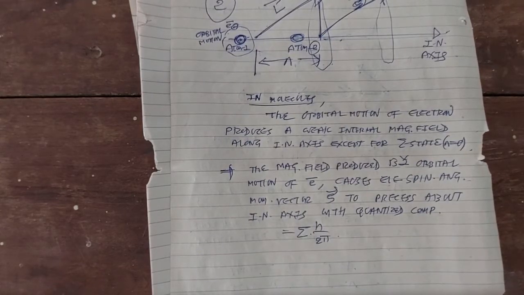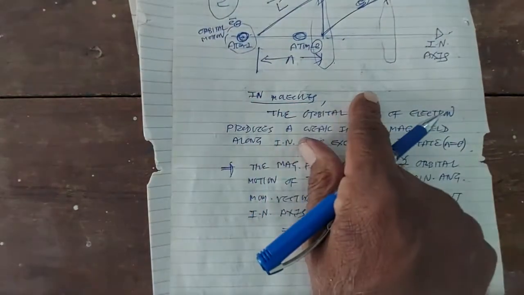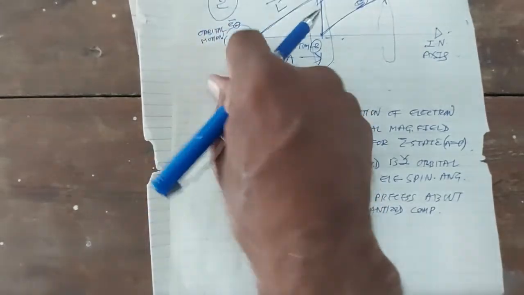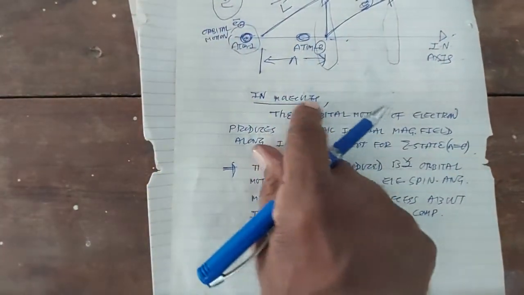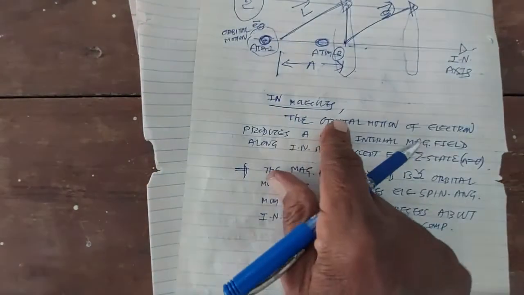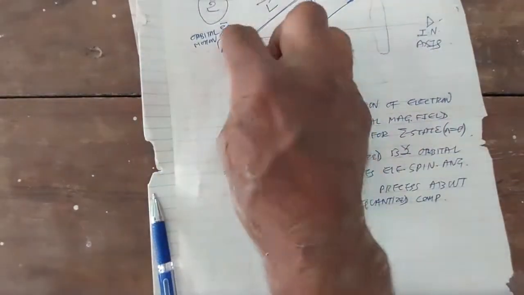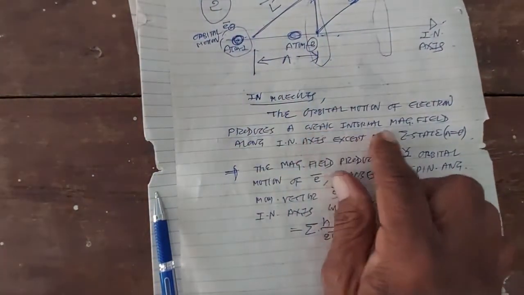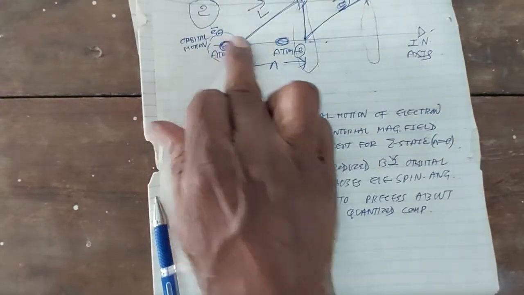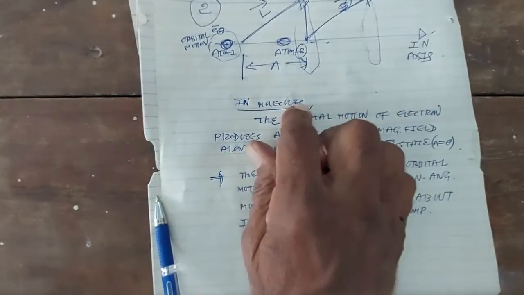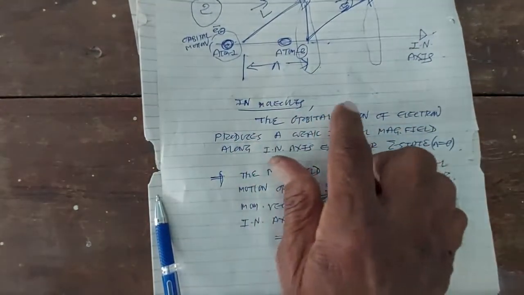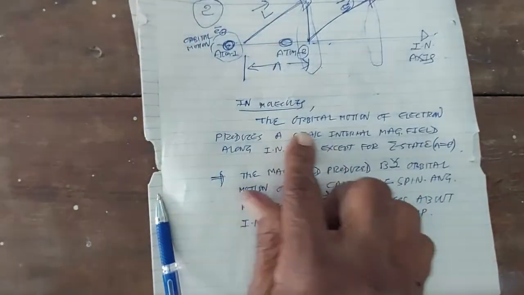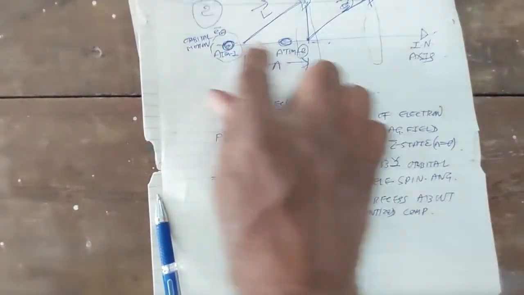Okay, so in molecules, the orbital motion of electron around the nuclei produces a weak internal magnetic field along the internuclear axis.